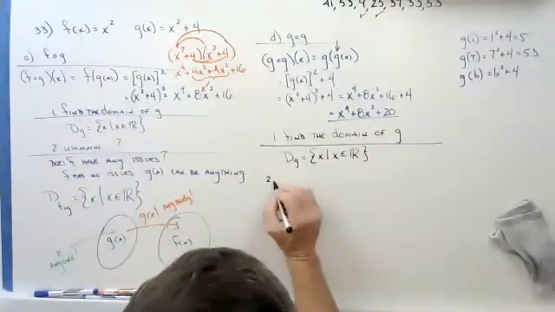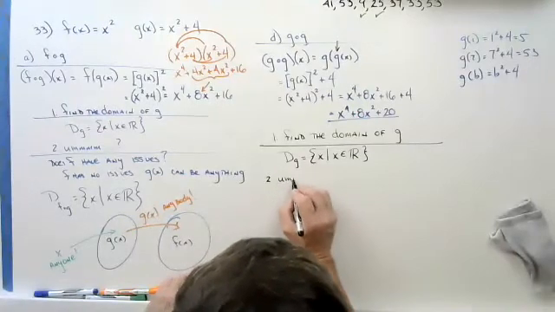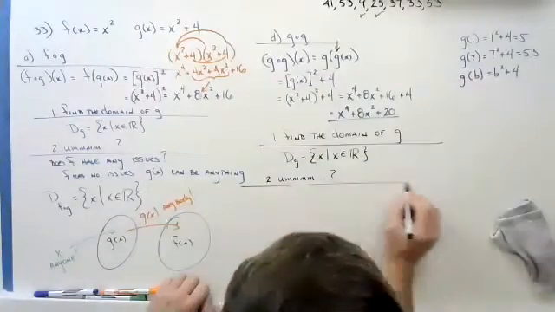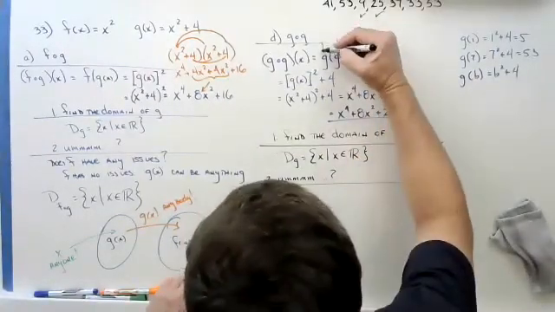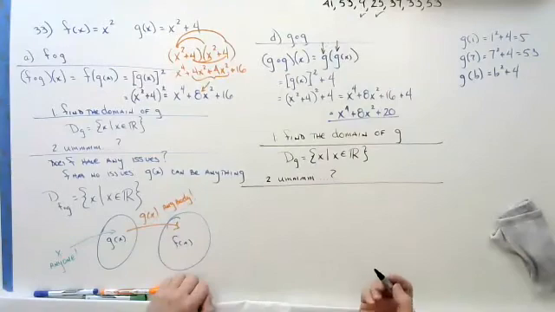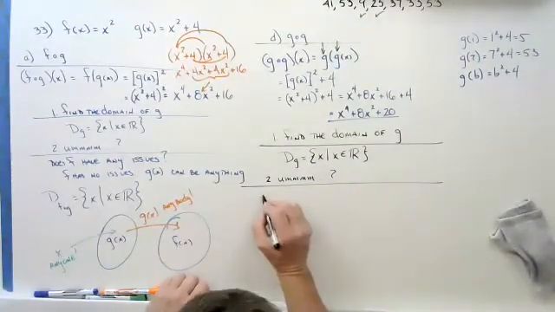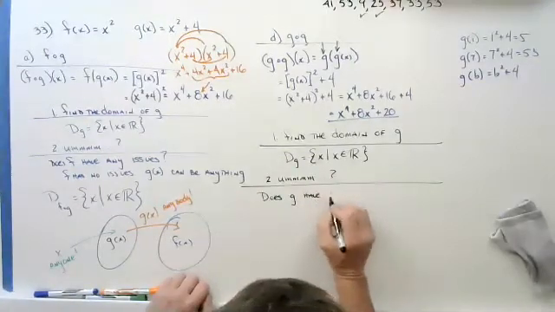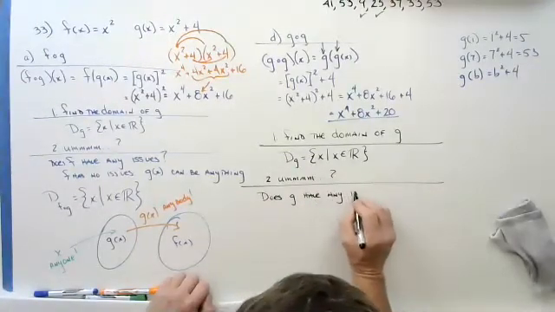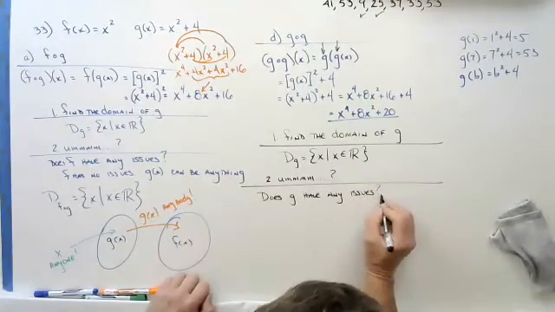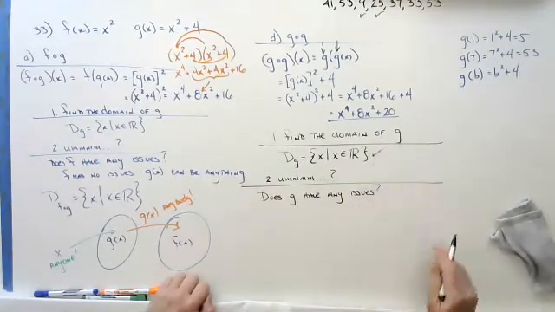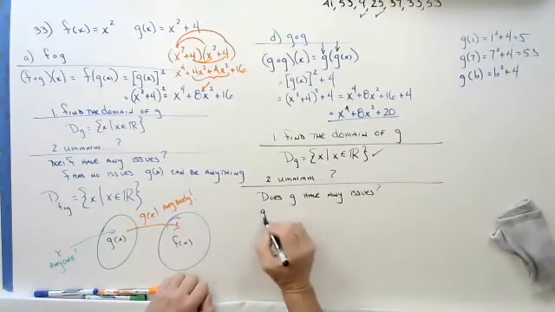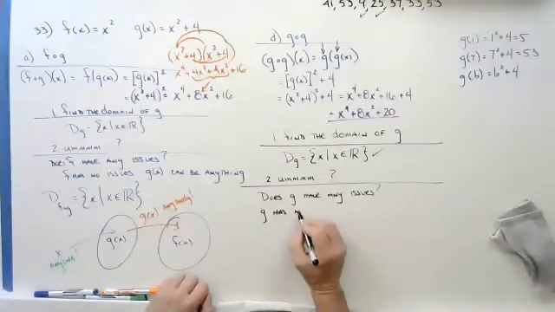Then step two for us is where we have to ponder. We start with, does this function over here, function number two, have any issues? For us, that's the question: does g have any issues? Now, we already answered that question right here. The answer is no. g has no issues.